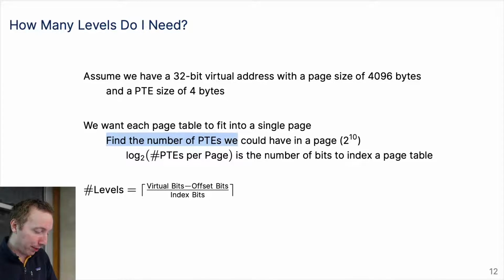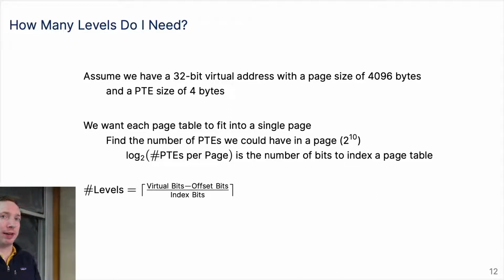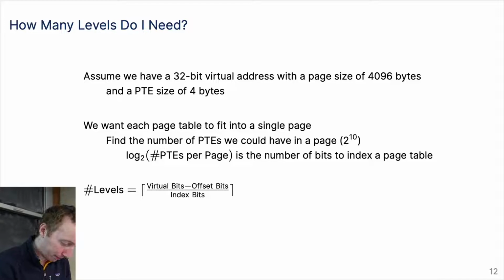So first we want to find the number of page table entries we could have in a page. In this case, it's 2 to the 10 because our page size is 2 to the 12, and now our page table entry size is only 2 to the 2 and not 2 to the 3 anymore. So we can have 2 to the 10 entries in a single page.